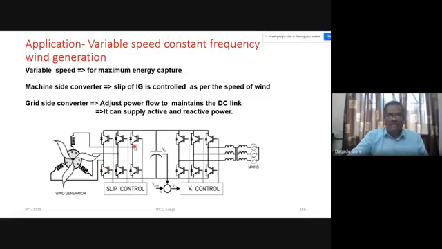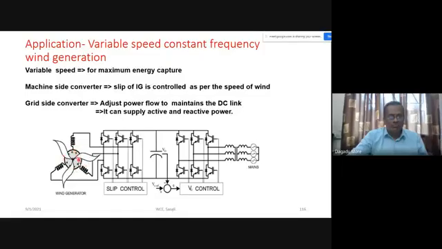As this frequency is adjusted, based on that frequency we have the synchronous speed. Who will determine the synchronous speed of the induction machine? Particularly this PWM rectifier, which has a control at the input side. We can control the frequency by switching of these IGBTs. As we control the frequency, our synchronous speed can vary, and the rotor is connected to the wind turbine.